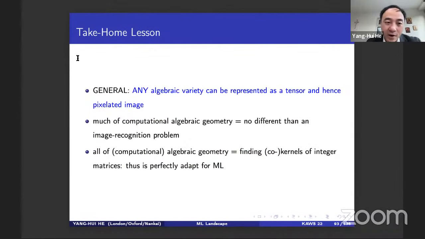But these are more philosophical points. I want to have a take-home message for the first part of this last lecture, and I know this is a very specific statement. One, any algebraic variety can be represented as a tensor, probably not more than rank 3.